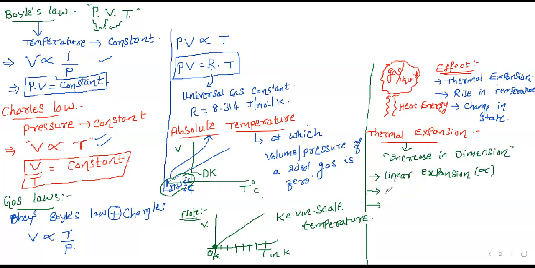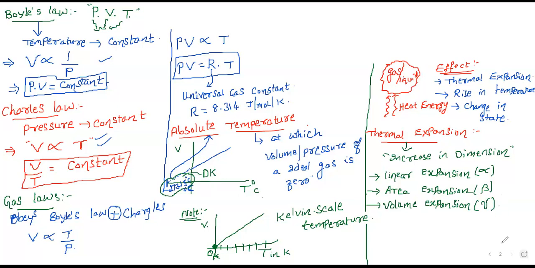The second one is area expansion, beta. The third one is the volume expansion, gamma. So linear expansion, area expansion, and volume expansion. These are the three types of thermal expansion.